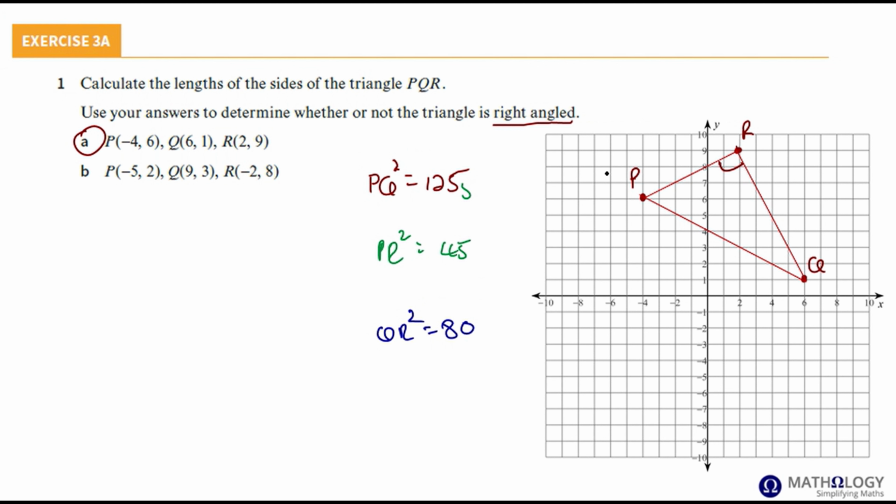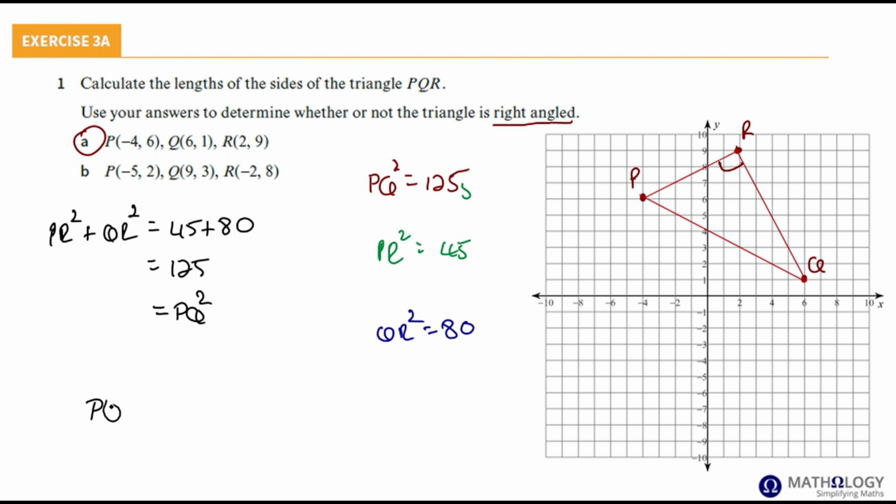Now, if PQR is a right angle triangle at R, then PQ squared will equal PR squared plus QR squared. So we are simply going to write down PR squared plus QR squared equals 45 plus 80, which equals 125. And 125 is the length of PQ squared.